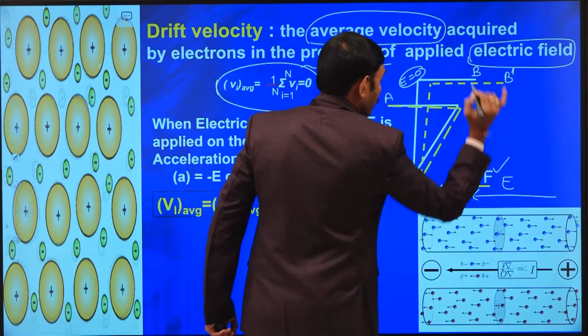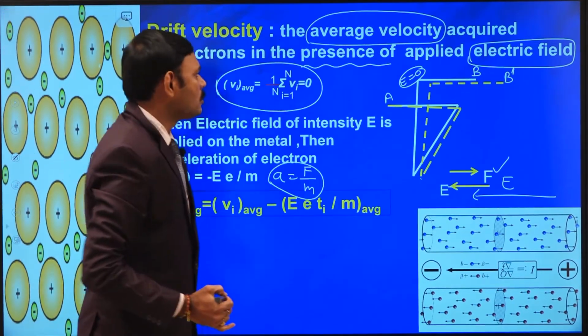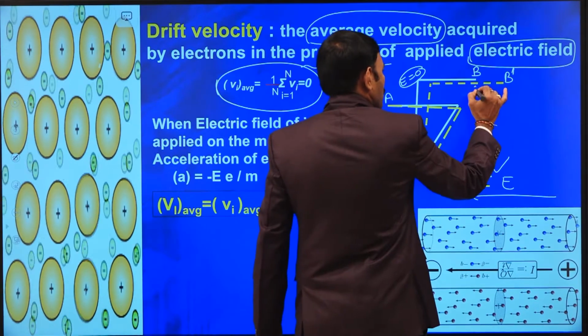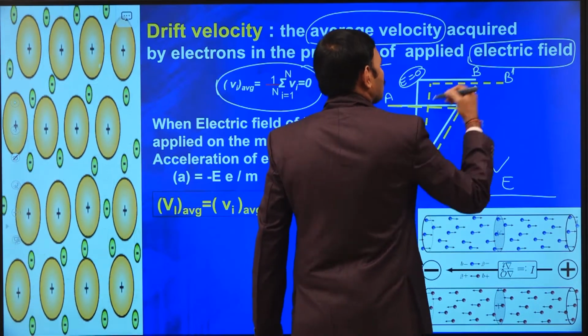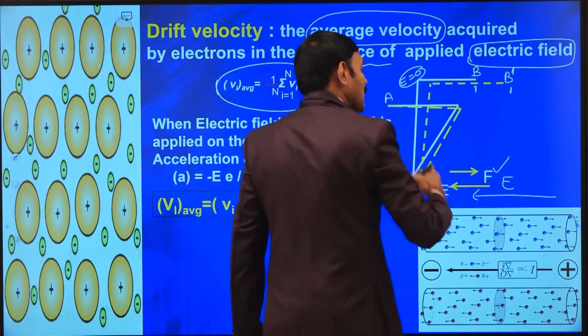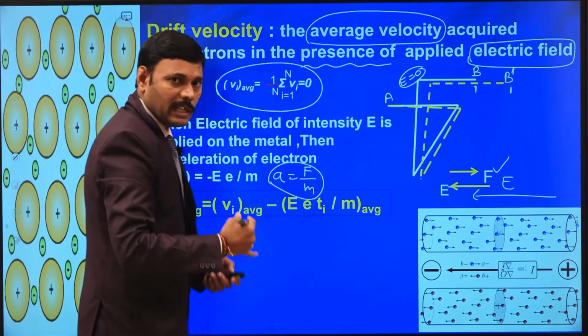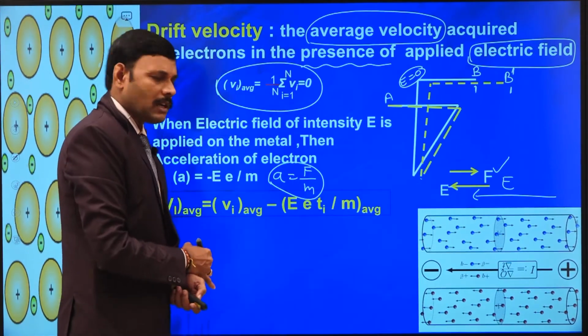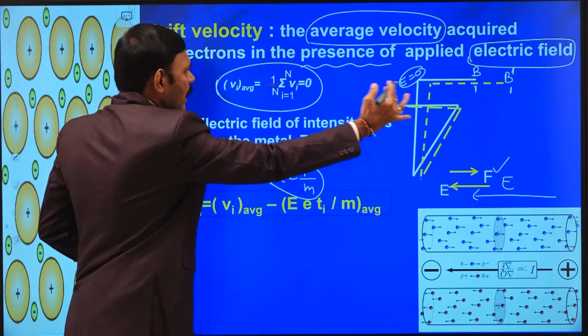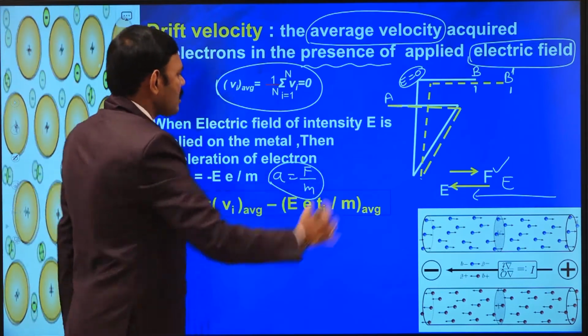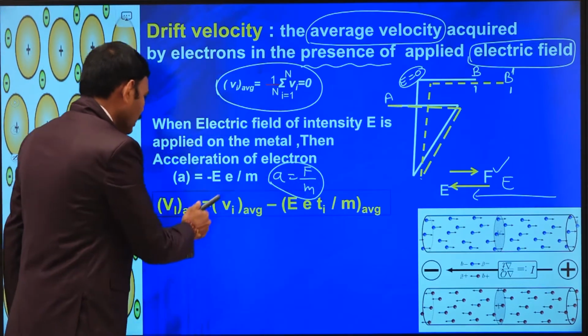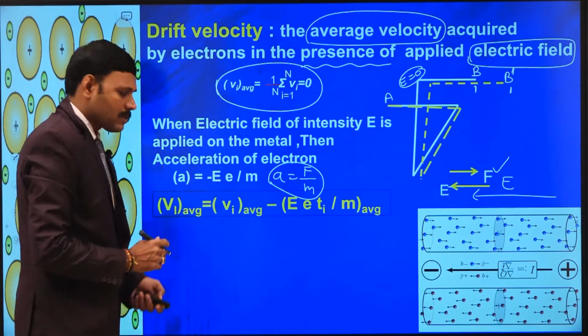So in spite of reaching position B, the electron reaches position B dash in the presence of the electric field. So there is a shifting of the electron from the actual position to another position in the opposite direction of the electric field. That is possible due to the acceleration gained by the electron.